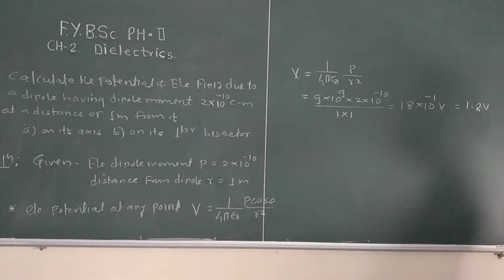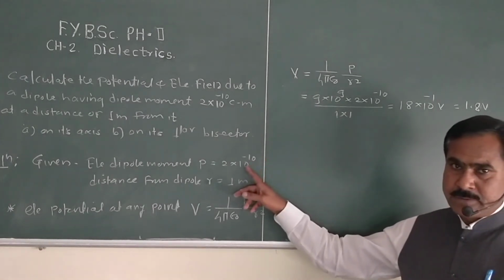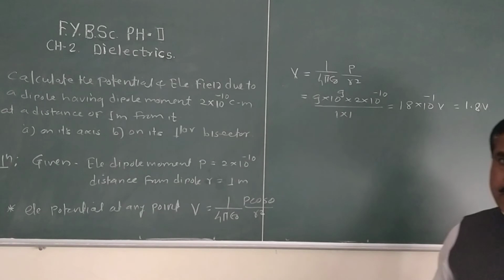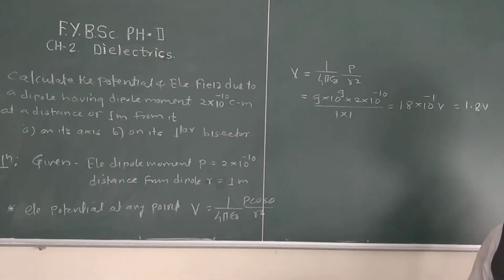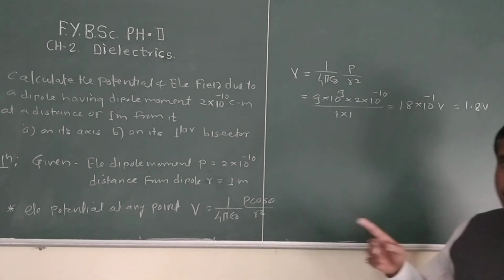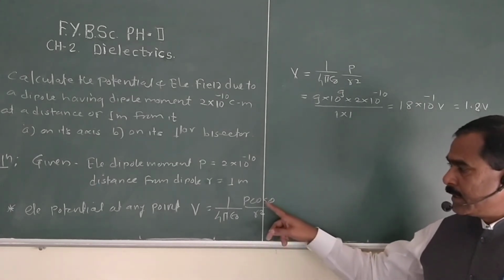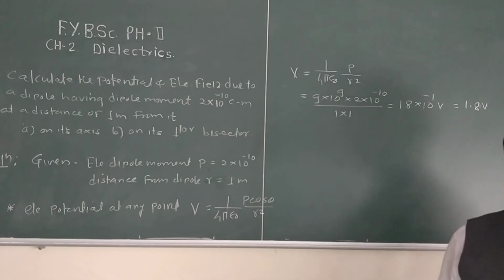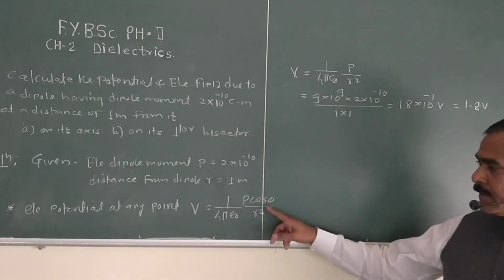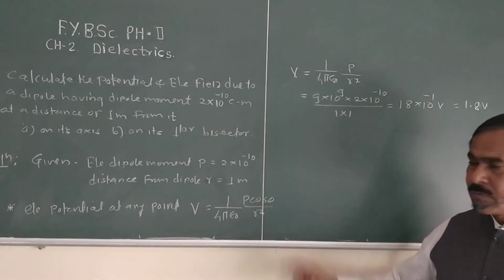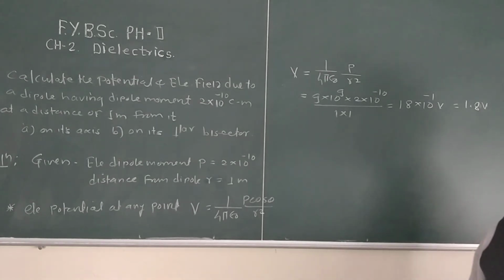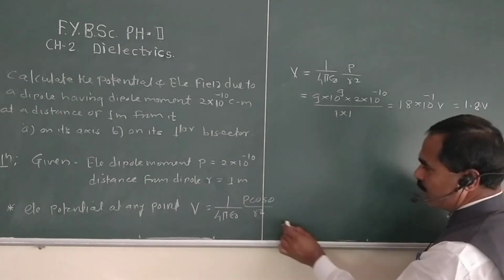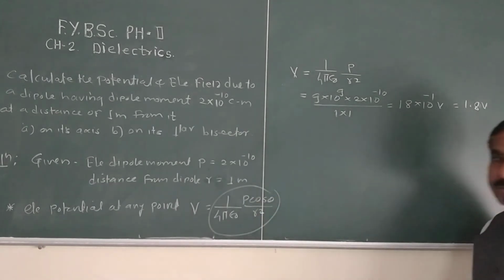Okay, then next we consider the electric potential on perpendicular bisector. So we have to calculate electric potential at a point which is on the perpendicular bisector. When the point is on perpendicular bisector, then theta equal to 90 degree. And when theta equal to 90 degree, then cos 90 is 0, so total potential will get 0.